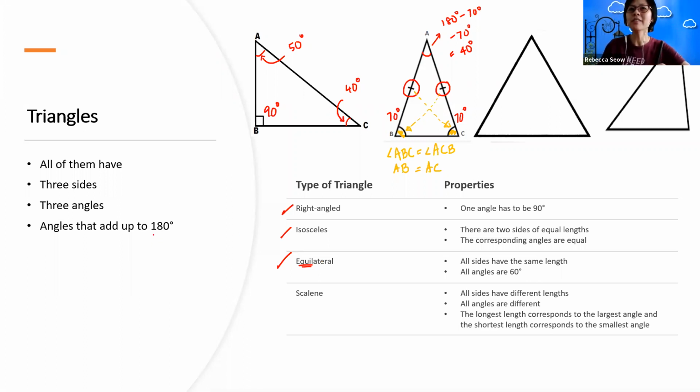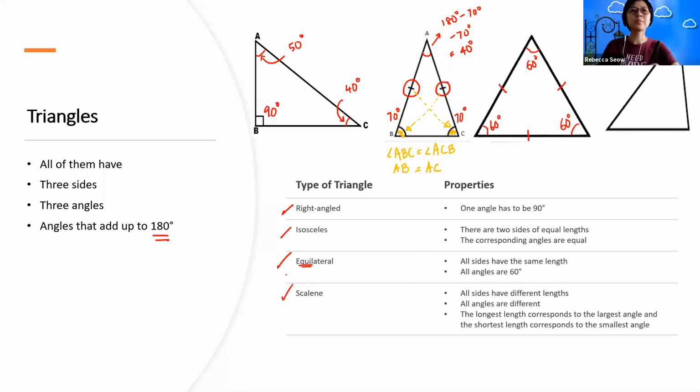So if all angles are equal, each angle in an equilateral triangle will be 180 divided by 3, which gives each angle 60 degrees. Furthermore, if you want to mark that all sides have the same length, you could do something like that. So that's an equilateral triangle.